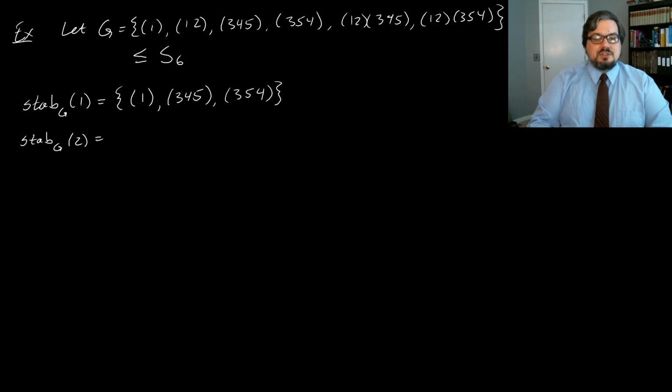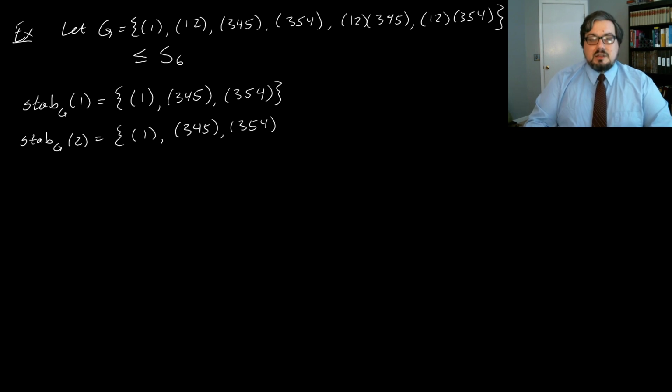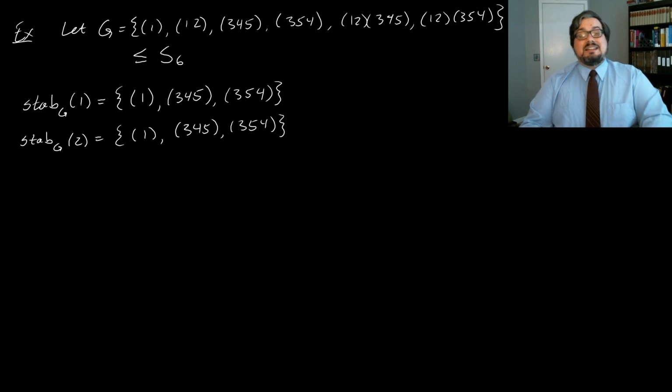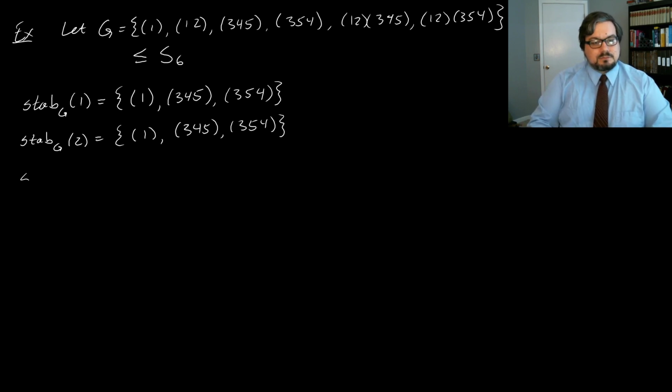Let's do the same thing with 2, and it's actually going to be the same. The same permutations do not move 2. Notice that when we have things written in their cycle form, especially in their disjoint cycle decomposition, it's easy to tell what's the stabilizer. The stabilizer is the set of all permutations that don't include that symbol as part of their cycle, except for the identity, of course.